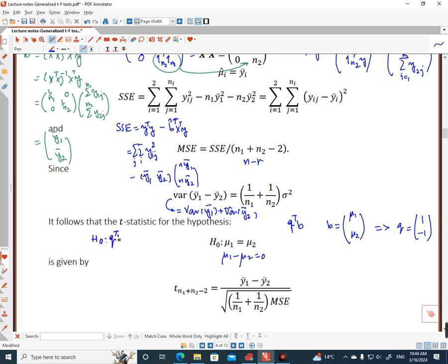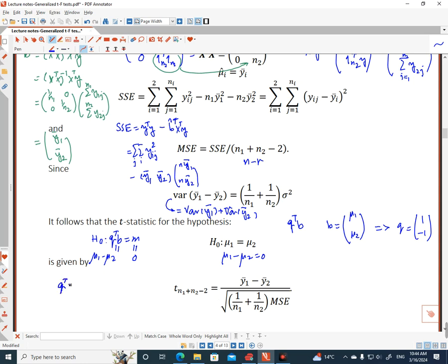So this is your q, and we want to check this null hypothesis. Q prime b is equal to m. M here is 0, as I said. So this is equal to 0, and this is equal actually to mu1 minus mu2. So you can easily construct the test statistic. Once again, I'll write the test statistic.